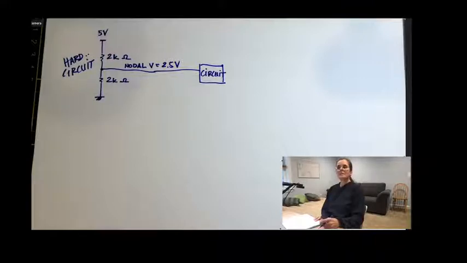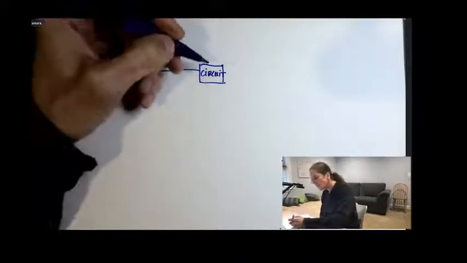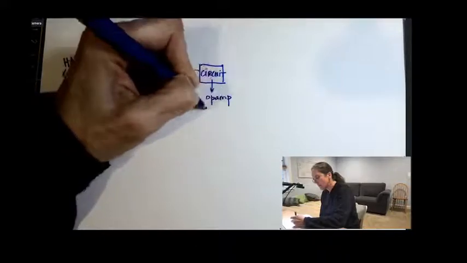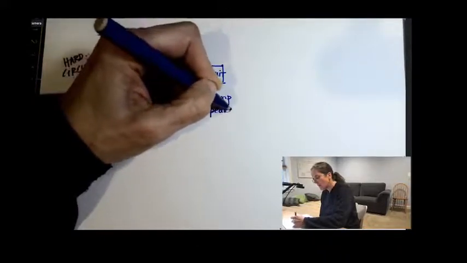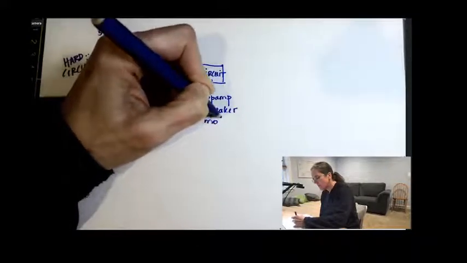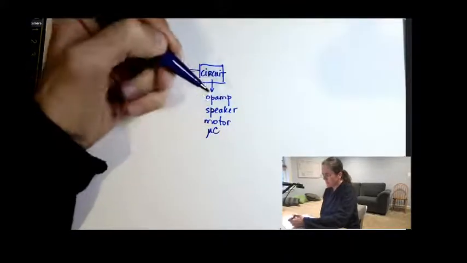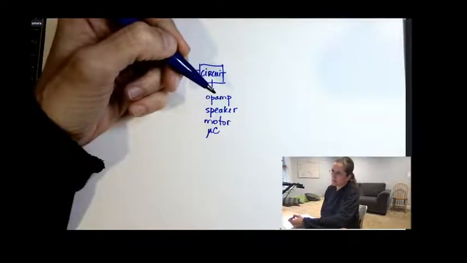Let's say you find an op-amp, or a microcontroller. It could be a speaker, it could be a motor, it could be a microcontroller, it could be any other chip.